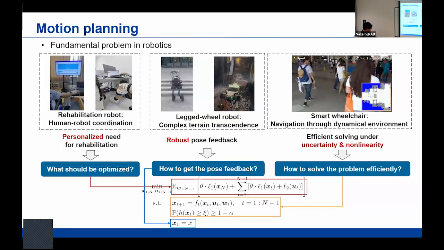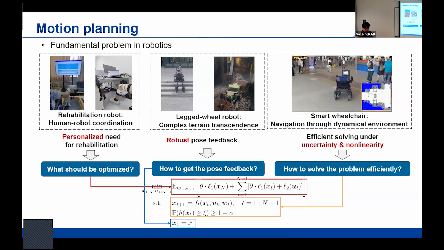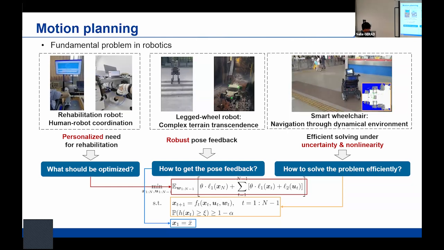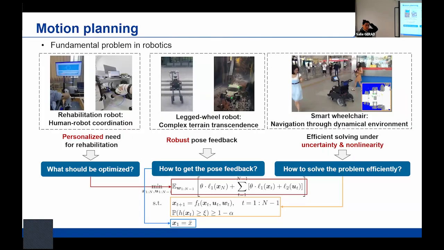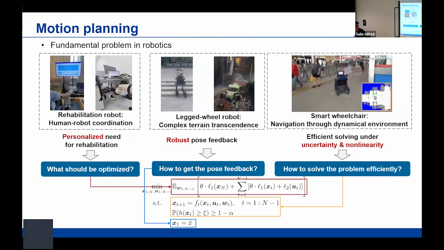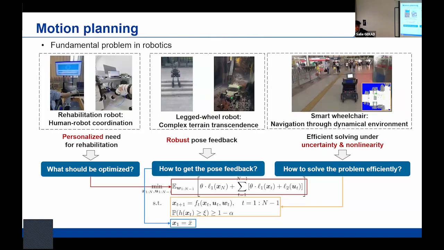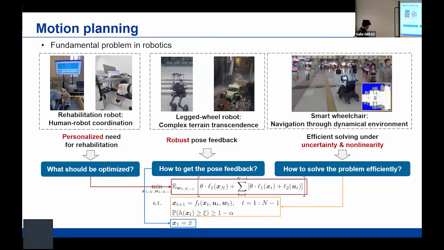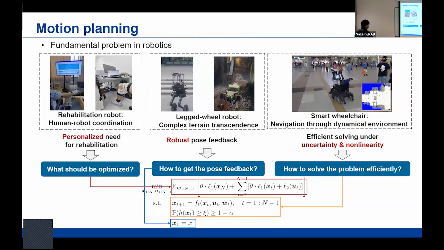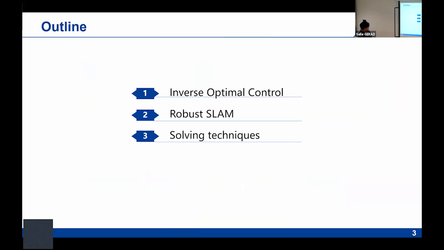And also, how can you get the pose feedback? Namely, x1 equals x bar, where x bar is your pose from SLAM. You do it iteratively in an MPC manner. My talk will focus on these three aspects.